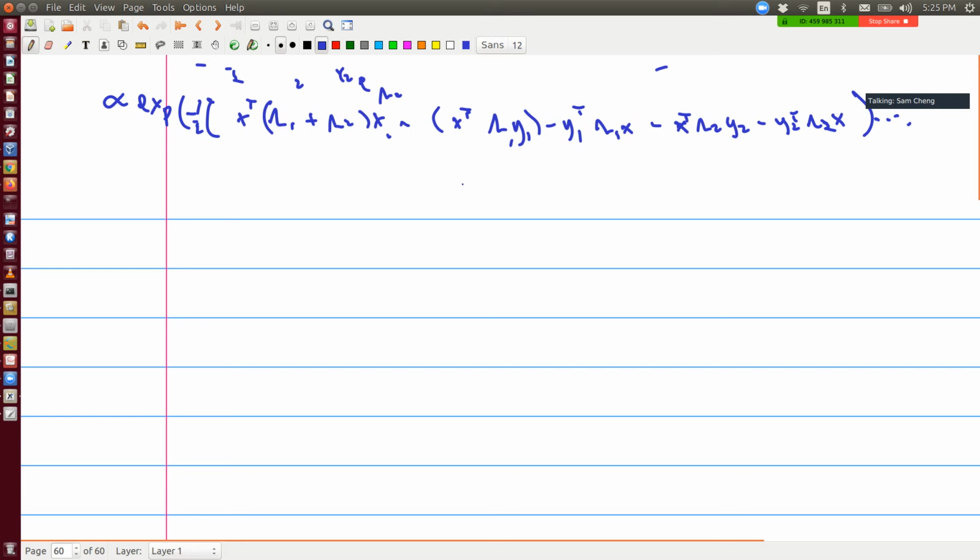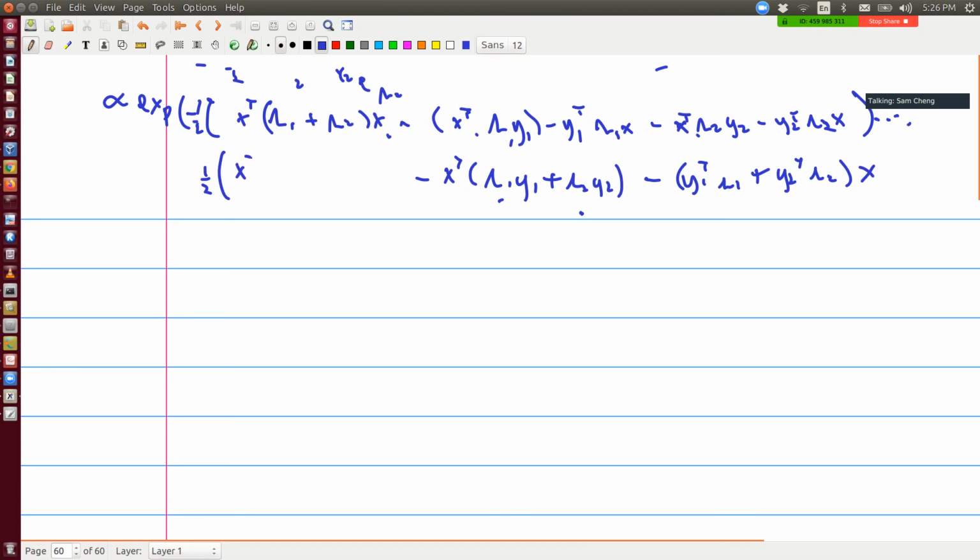Let me group this as x transpose lambda 1 y1 plus lambda 2 y2, and minus y1 transpose lambda 1 plus y2 transpose lambda 2 x. I just regroup: I group this term and this term together here, and this one and this one here. And then x transpose lambda 1 plus lambda 2 x.